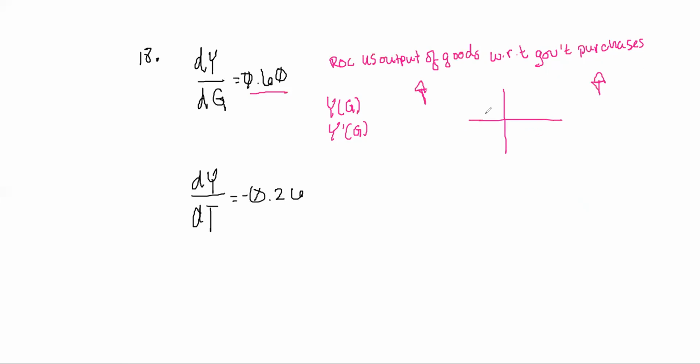I'm going to call this y, this g, and say that if g increases, then y also increases, meaning that I have a positive rate of change. And that's what we really care about here, that this is positive.